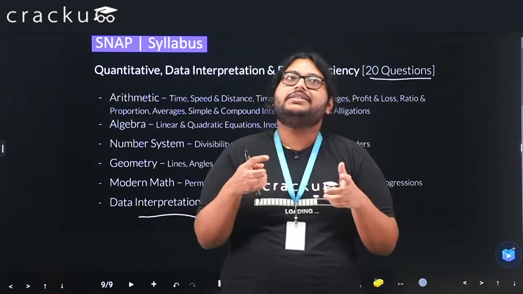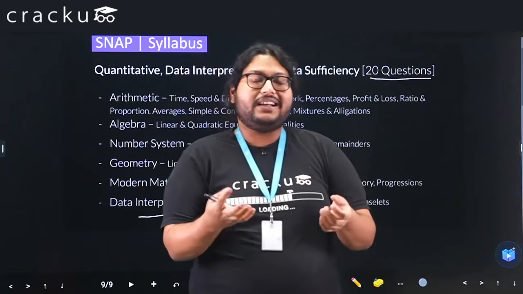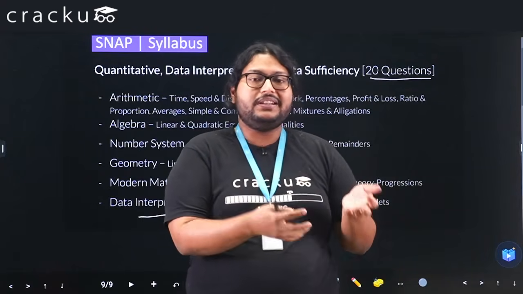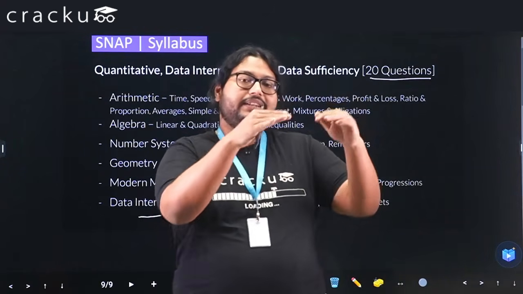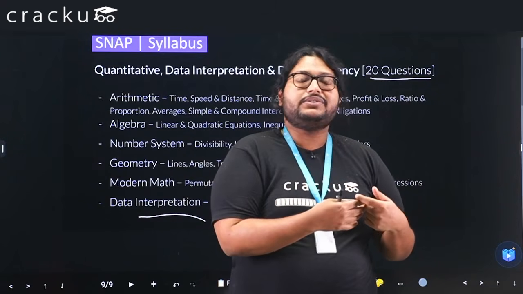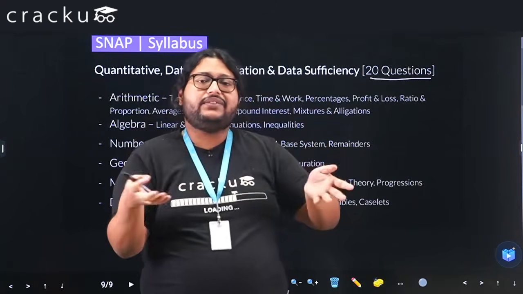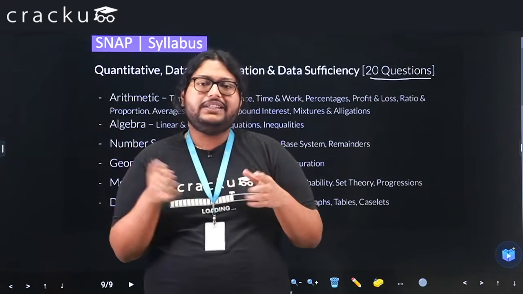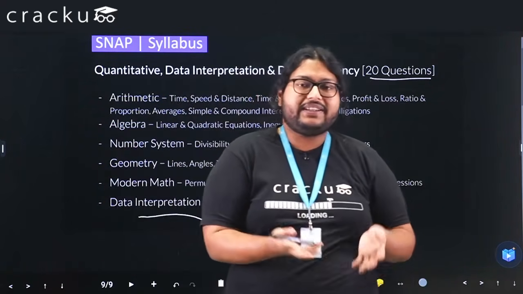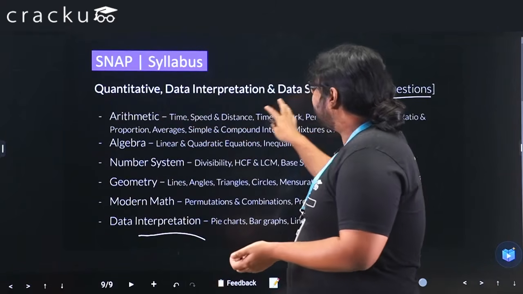Basically, the question is, is the data that is given to me sufficient to solve this particular question? If it's sufficient, then which one do I need? Or is it a combination of both that is needed to solve it, or even after taking everything, am I unable to solve it? In that case, the data provided is not sufficient. So that is basically the data sufficiency portion.